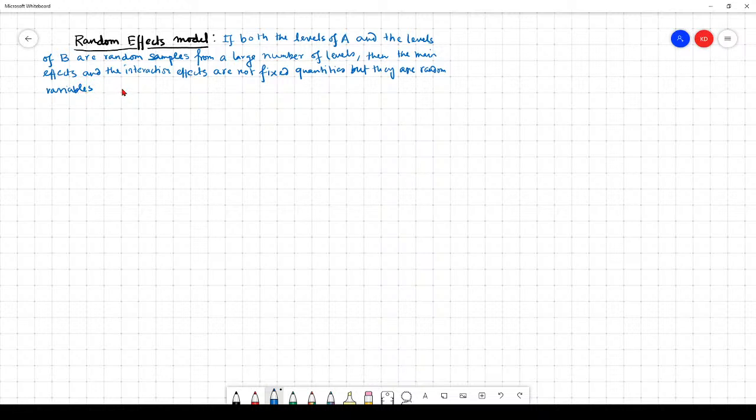And so the model is a random effect model.